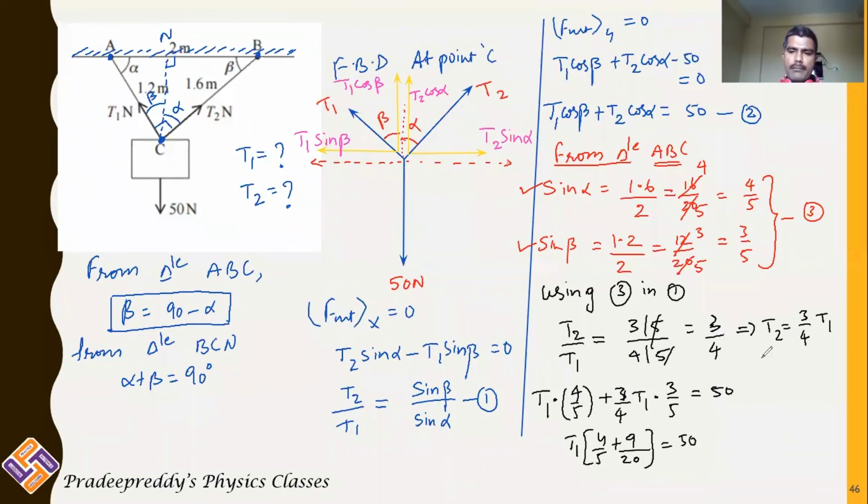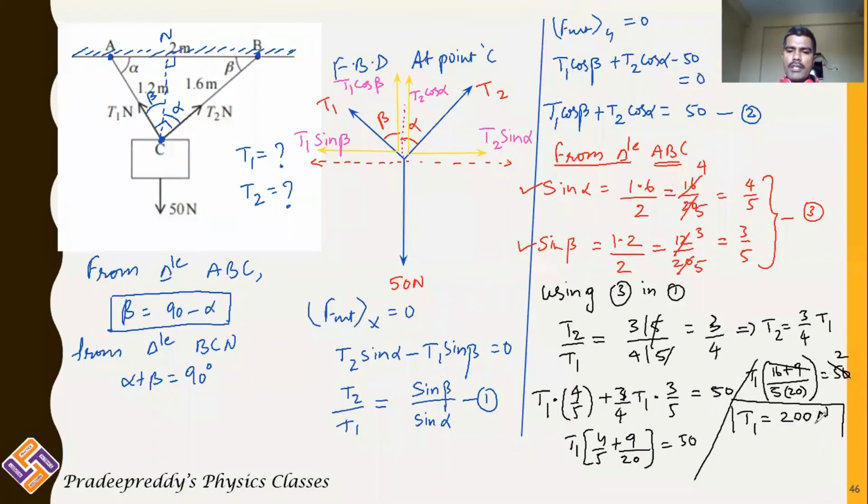If you take LCM, you can write it as T1 into 16 plus 9 divided by 5 into 20 is equal to 50. 16 plus 9 is 25. 25 into 2 is 50. Remaining goes to the other side. T1 is equal to 2 5s is 10, 10 into 20, which is equal to 200 Newton.